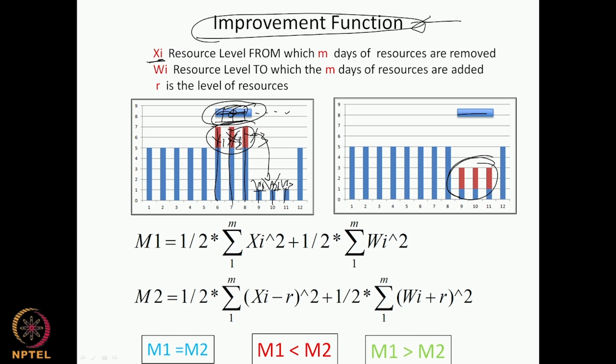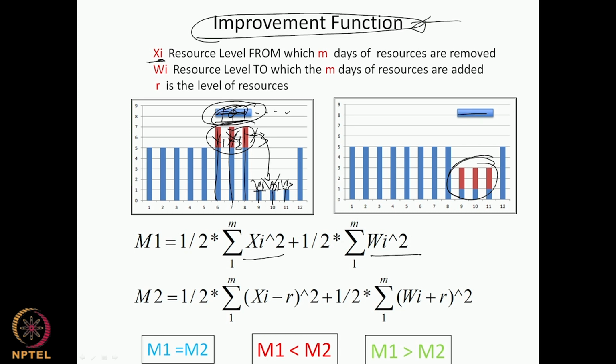It is sigma xi squared for each of the 3 bars in this particular case. So it will be xi into xi by 2, so sigma xi squared by 2 plus wi squared by 2. Again xi squared by 2 plus wi squared by 2, and this is shown in this formula here. This is the moment before we shifted the activity.